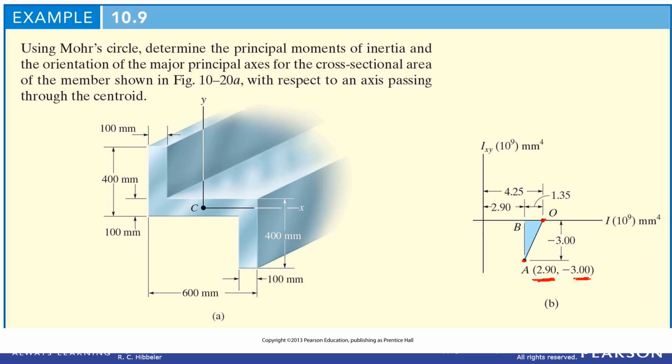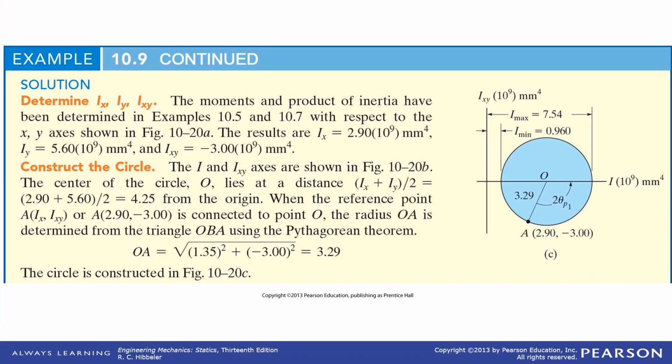So from Mohr's circle, we ought to be getting very similar answers. So here we go. Here's the Iy, Ixy, center, Ix plus Iy over 2.